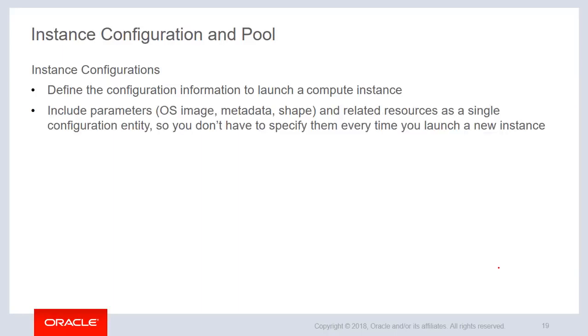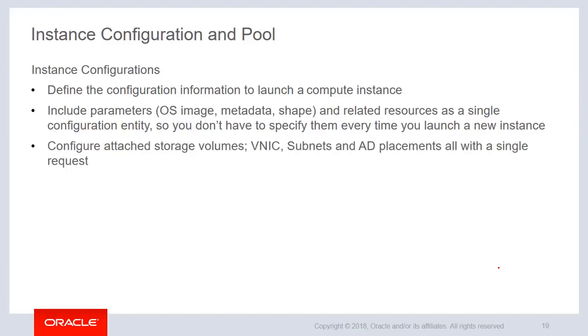It means you can include parameters like operating system image, metadata, shape and related resources as a single configuration entity, so you don't have to specify them every time you launch a new instance. You can configure attached storage volumes, virtual network interface cards, subnets, and AD placements, all within a single request. So the idea is, you create a template of an instance, a configuration, and you can use that configuration to launch as many instances as you want.